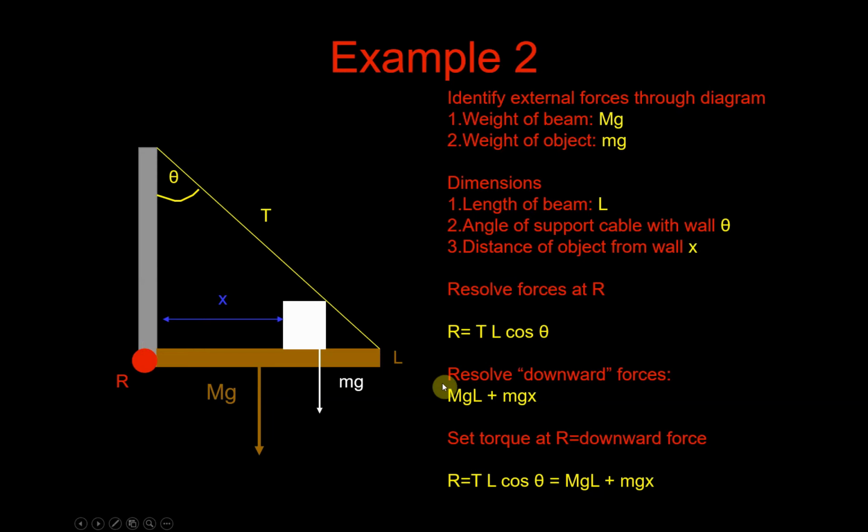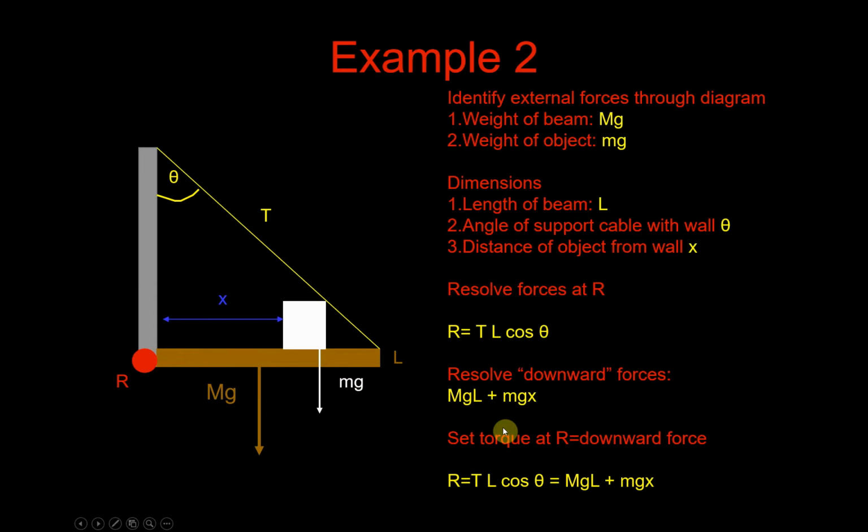If we resolve the downwards forces here, this will be MgL. So this is a torque due to the actual shelf. I keep saying shelf. The actual scaffold is the beam here, and then you'll have mgx to this distance.